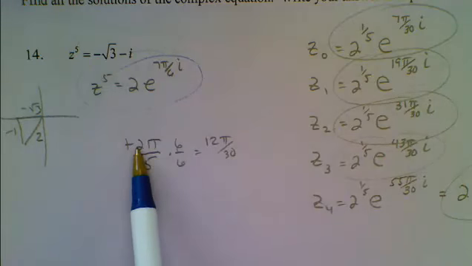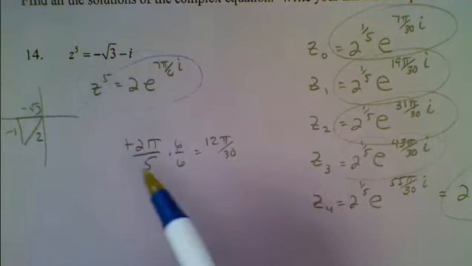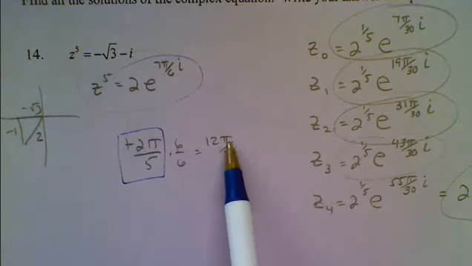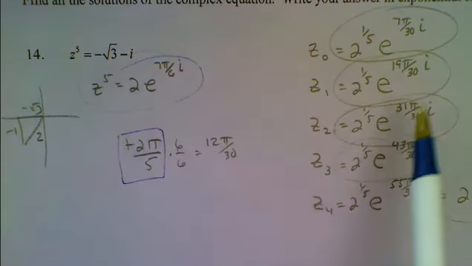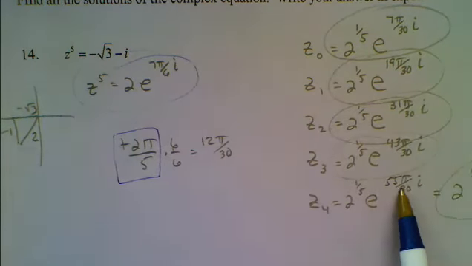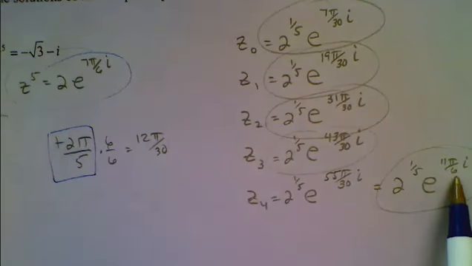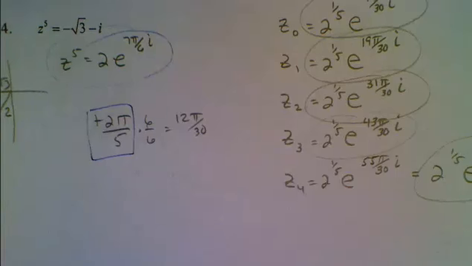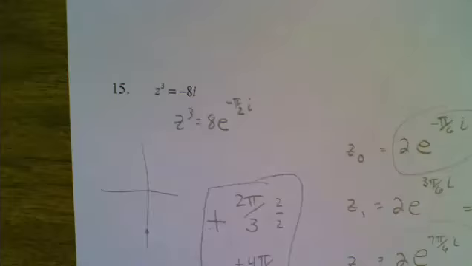And then I had to add 2 pi over 5. It's always adding 2 pi over n, which when I converted it to 30 is 12 pi over 30. So I just had to keep adding 12 pi over 30, 12 pi over 30, 12 pi over 30. Once I get to this one, it simplifies. Okay? All right, so that's that one.